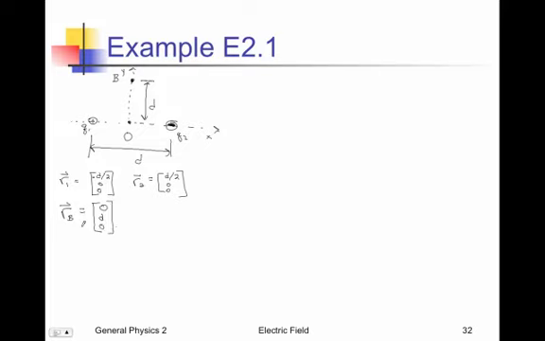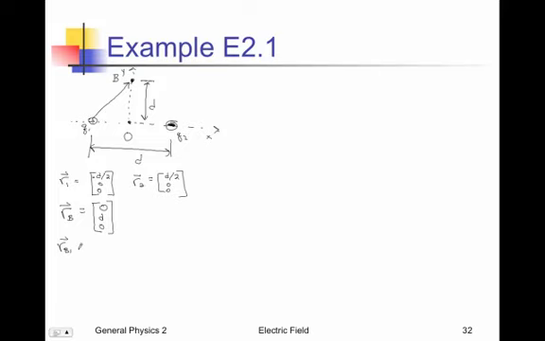So that's my R_B. Now if I want to find R_B1, I'm going to take R_B minus this vector. And what do I get? I would expect my vector to point in the positive x and the positive y direction.